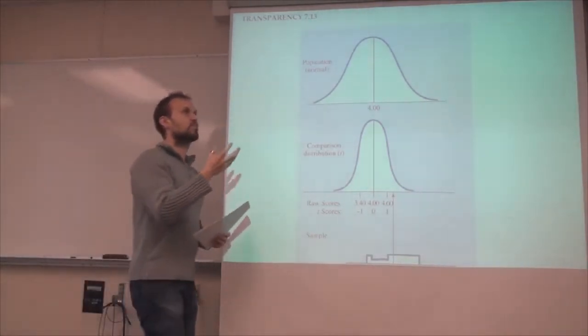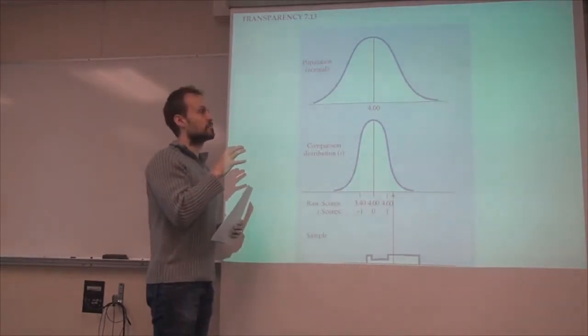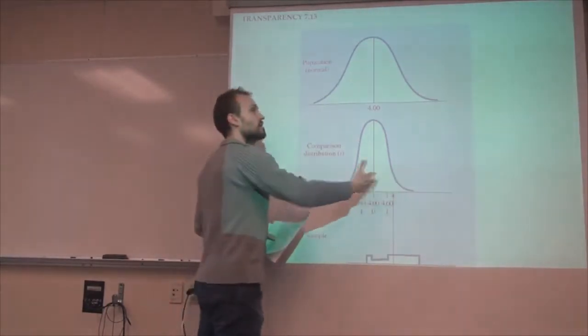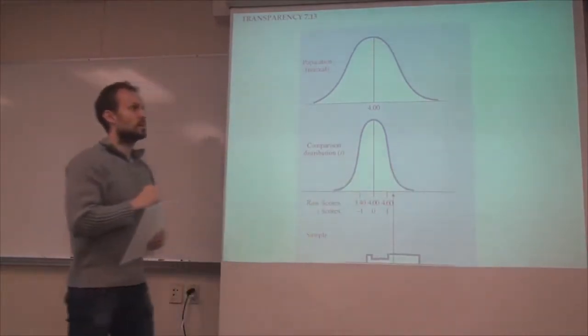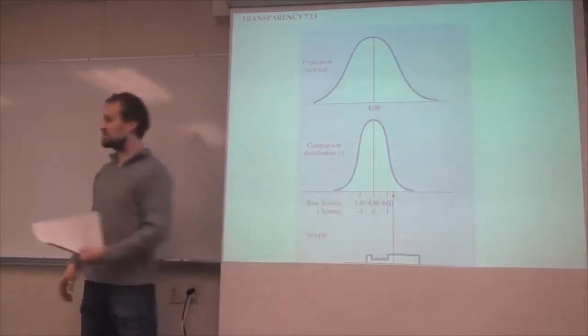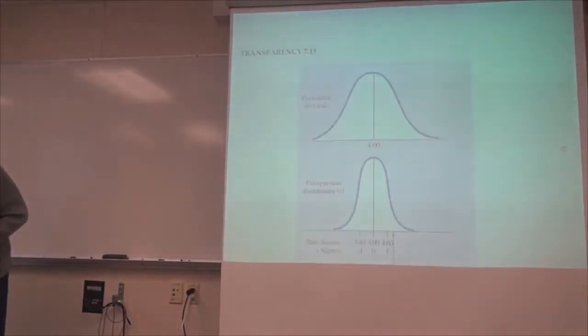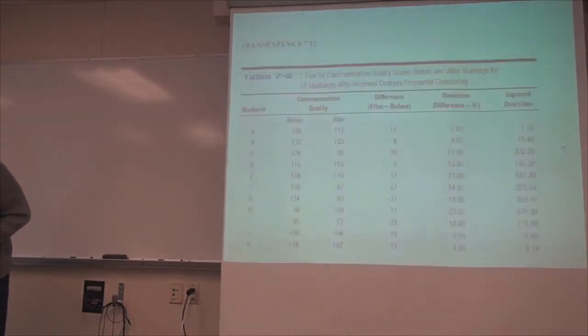So I need to see where is the average difference for a sample of 19 people. How does that compare against all possible sample means that I could get? And then I look at my specific sample and see where that sits. Now those numbers might not be correct, just want the picture.